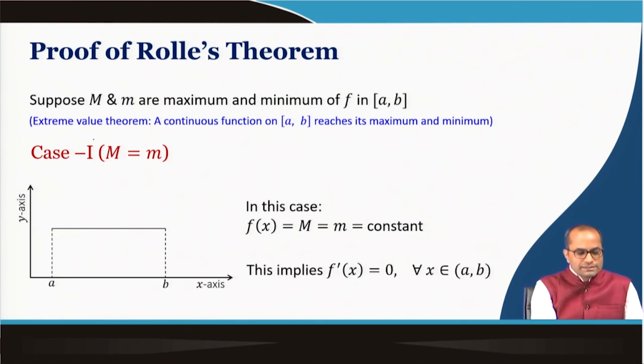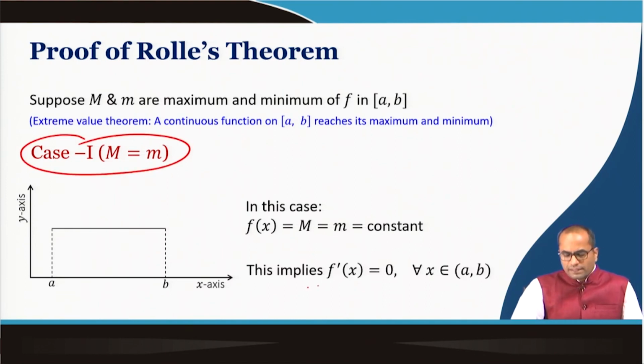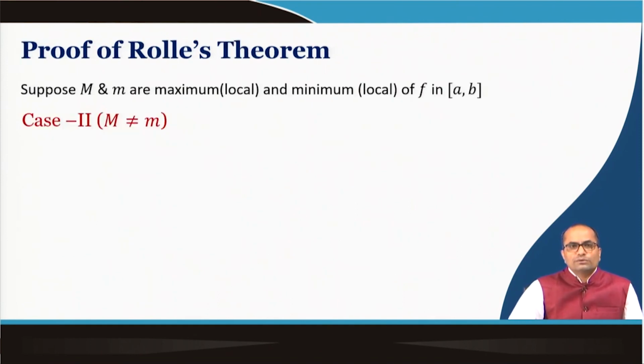So, this case is trivial, where we see that there are many such points where the derivative is equal to 0. So, we will go to the more interesting case where this big M and small m are the maximum and minimum of f, as we have assumed before.